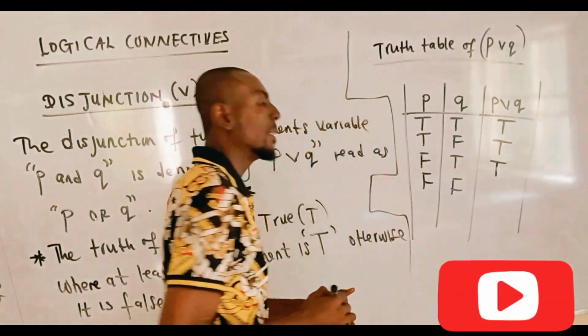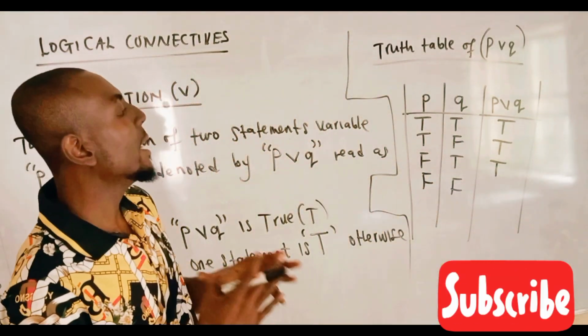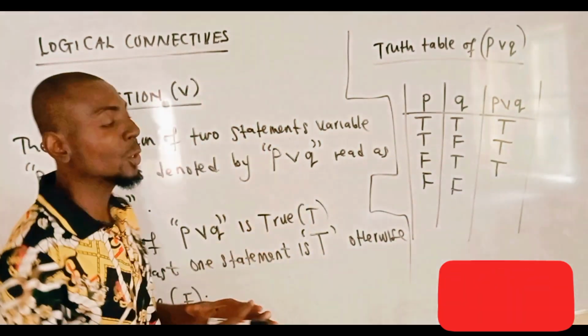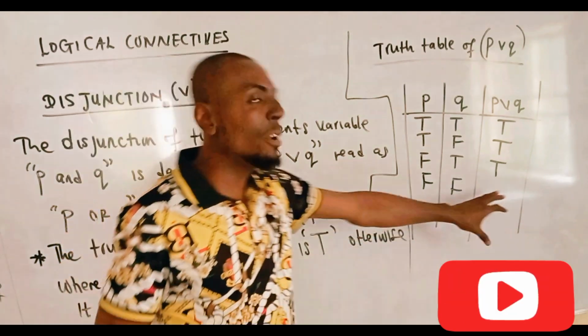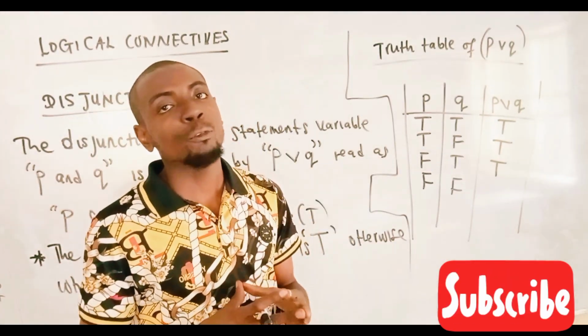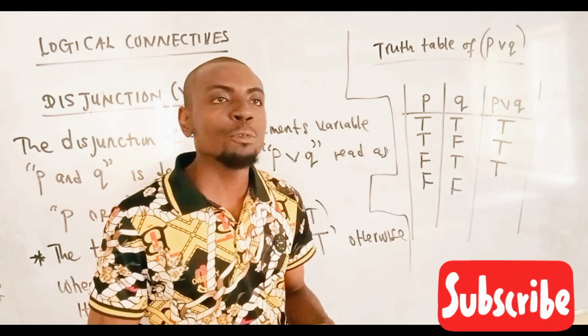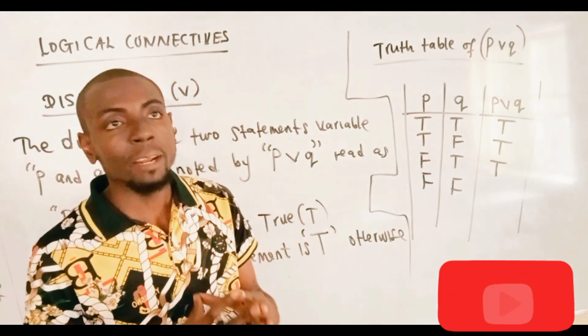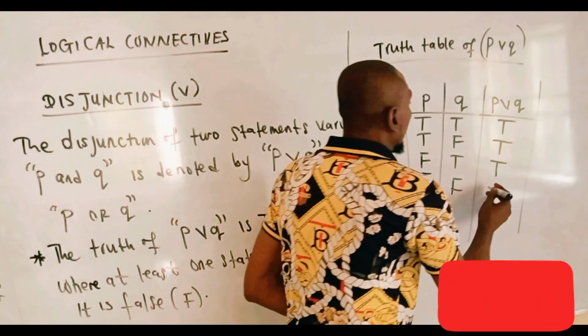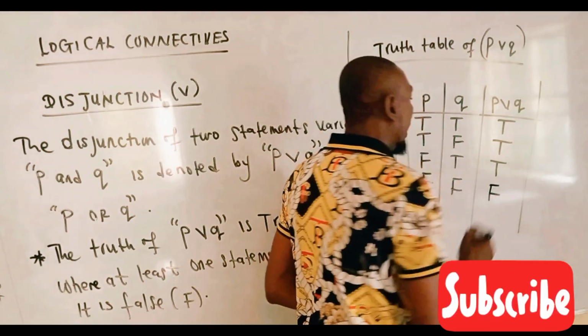It means that as far as the disjunction is concerned, you have F only when both statements are F. So P is F here, Q is F here. That's the only place you can have F.